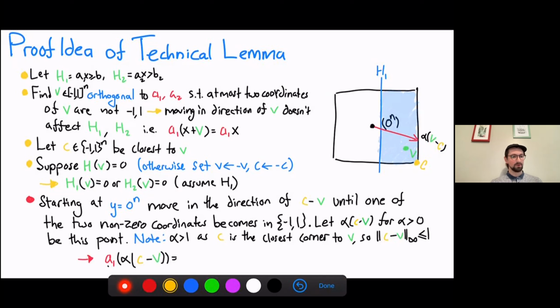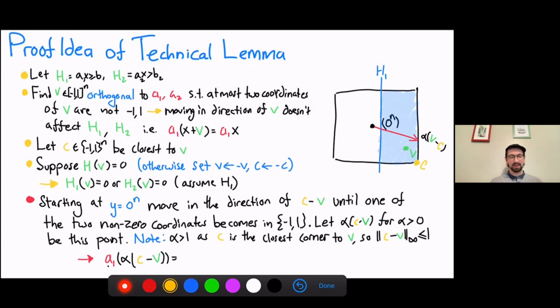Now we want to verify that alpha times C minus V is also falsified by H1. Alpha times C minus V is basically going to be our restriction. C minus V has at most 2 non-zero coordinates, and alpha times C minus V fixes one of these 2 coordinates to plus or minus 1.